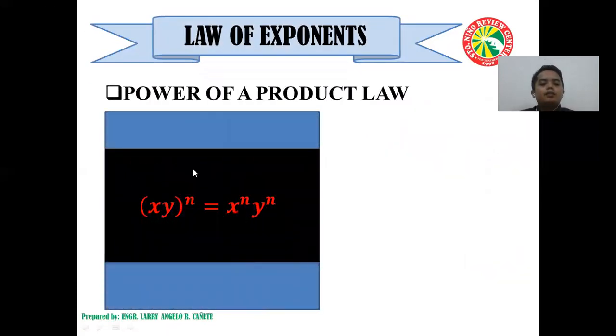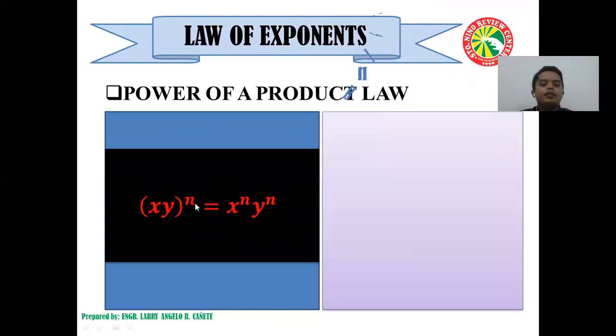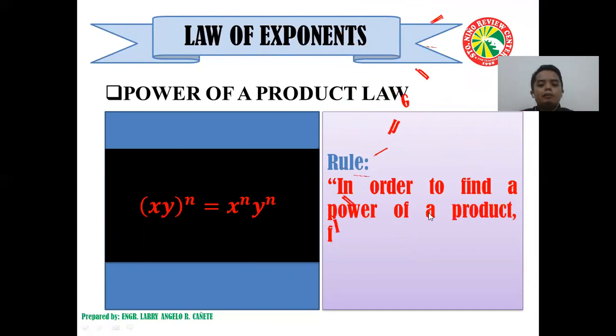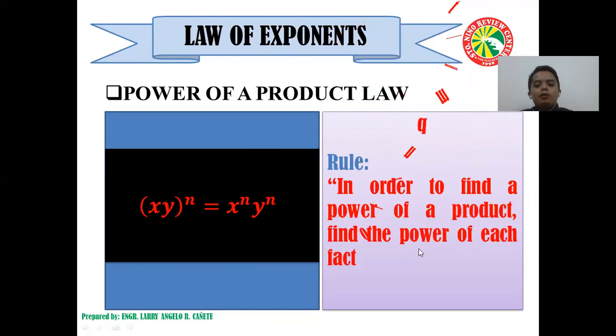Now, next, power of a product law. You have two variables or expressions inside the parentheses, and the whole quantity is raised to n. The rule says that in order to find a power of a product, find the power of each factor and multiply.